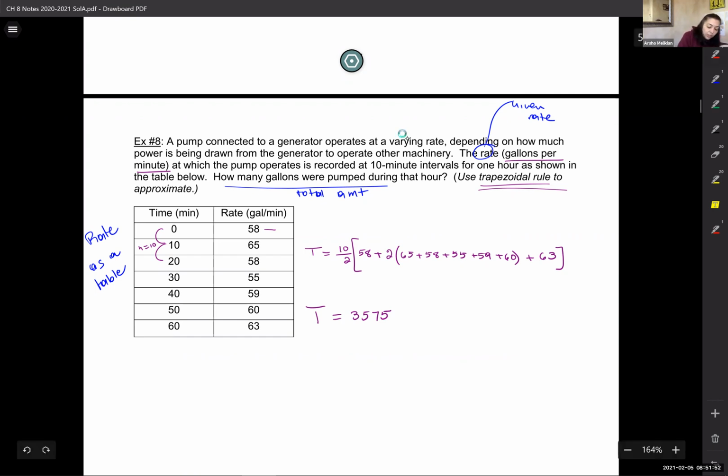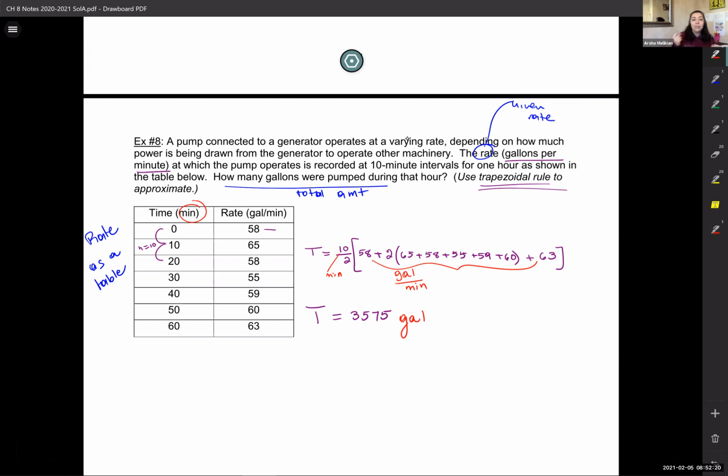Okay, let's talk about units for a minute. The time here, the 10, is in minutes. These values were given in gallons per minute. So the total consumption, the total amount used, is in fact in gallons.